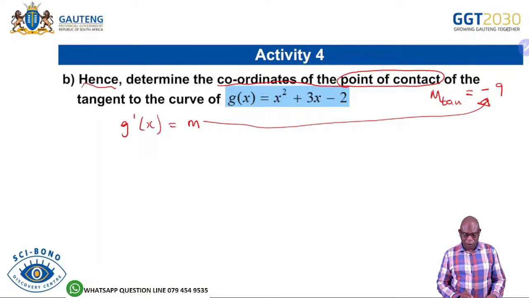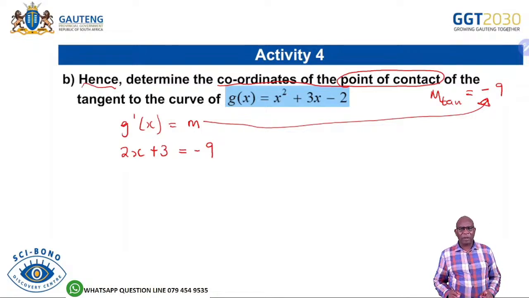So if I derive this, I'm going to get 2x plus 3. The gradient is -9. The gradient can never be -1 over 9, reason being the lines are perpendicular. If the lines were parallel, then the gradients would be the same. In this case, the gradient is -9.